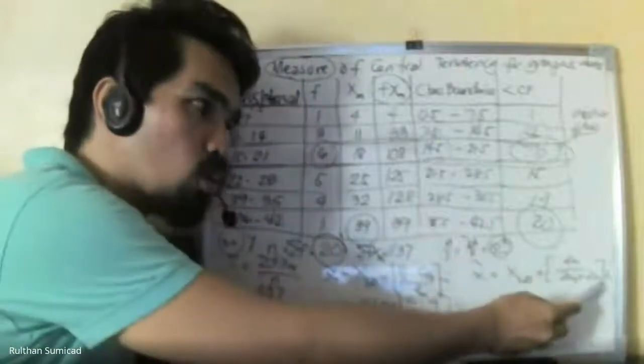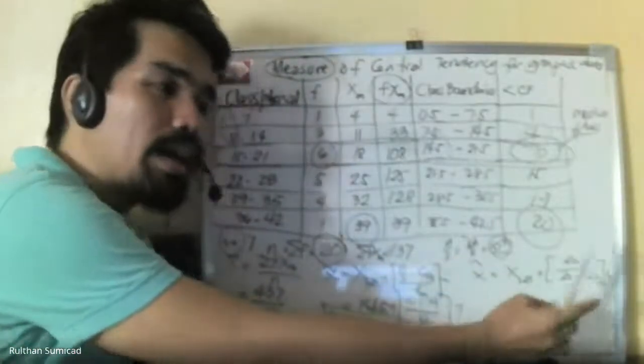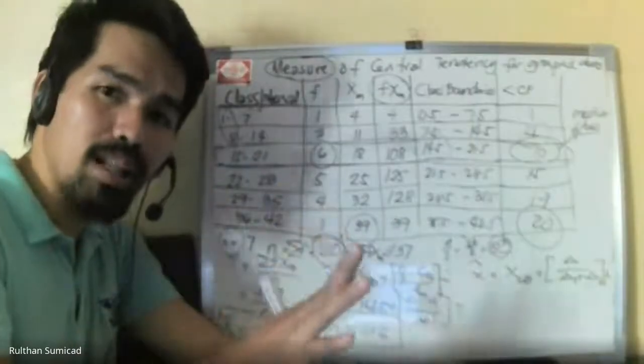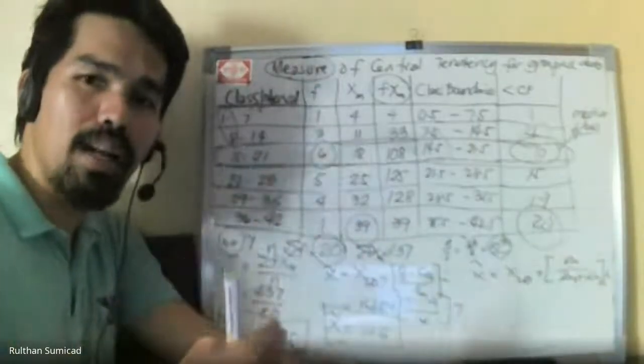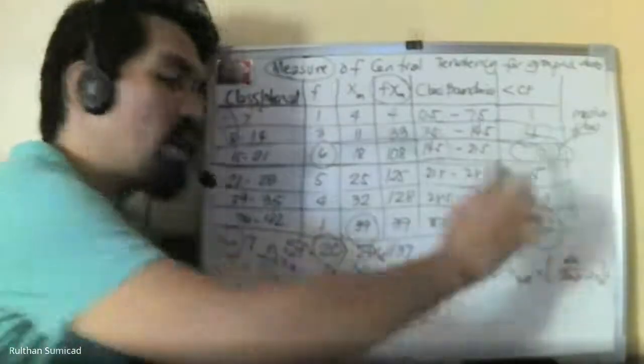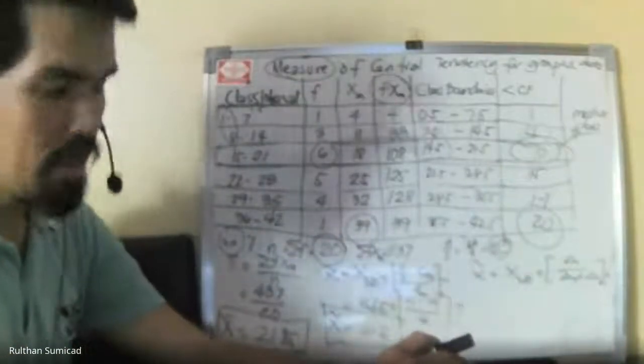And then delta 2 or triangle 2 refers to the difference of the frequency of the modal class and the class interval after or succeeding. And then of course you have your I. Okay?